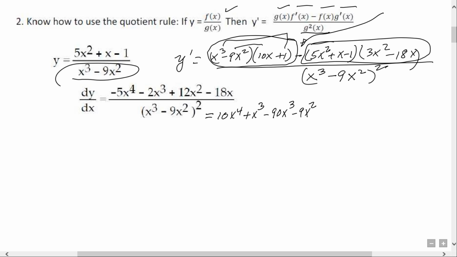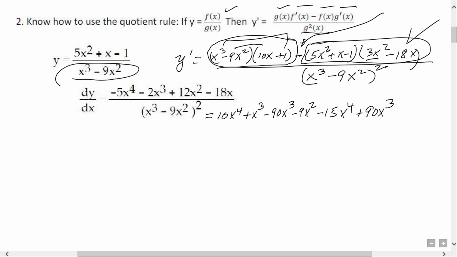And so we've got to take care of 5x squared times a minus times 3x squared. That's going to give us minus 15x to the fourth. Then the 5x squared times the minus 18x with a minus in front of it is going to give us plus 90x cubed.